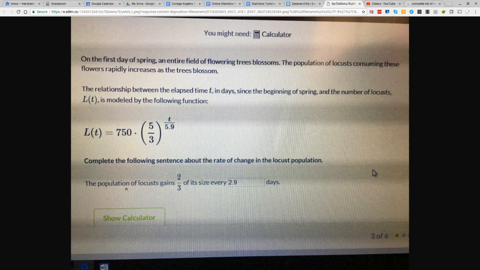The other thing here is the population of locusts gains 2/3 of its size every how many days? And this tells you right here, the exponent tells you how often the growth factor gets applied. So if t is divided by 5.9, then every 5.9 days the population is going to gain 2/3 of its size.